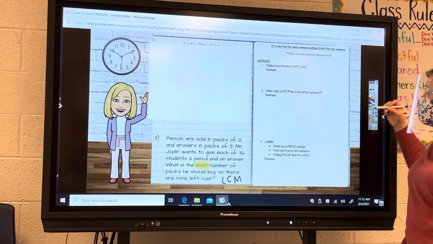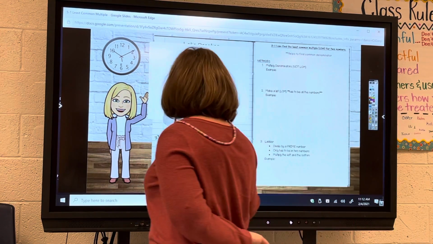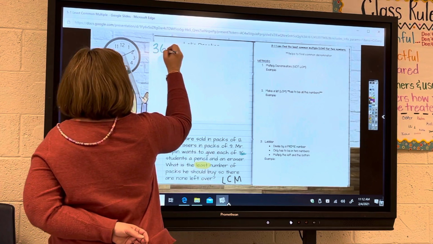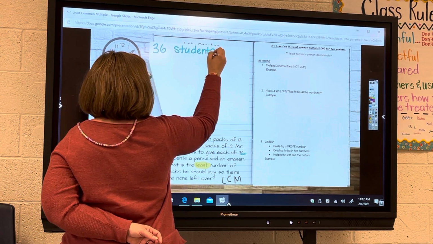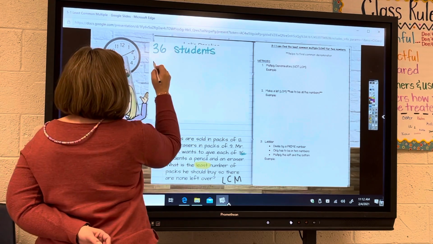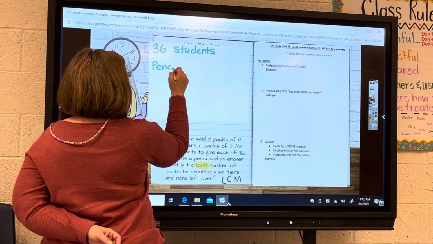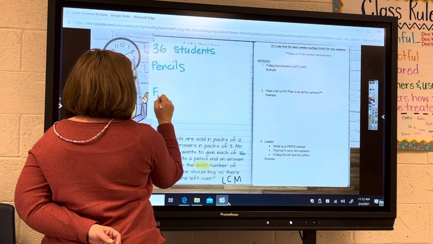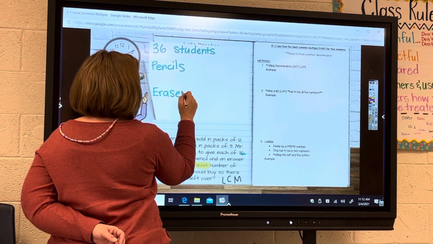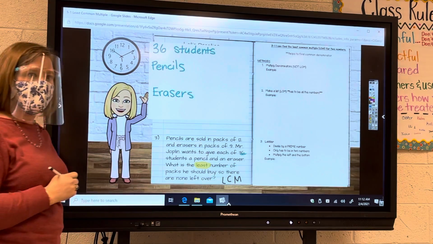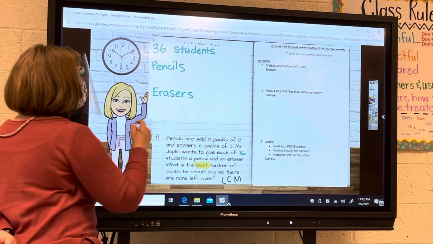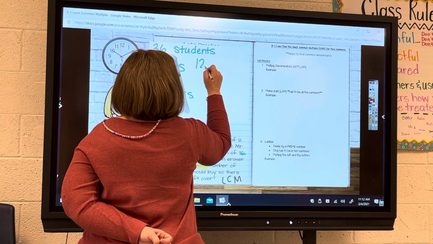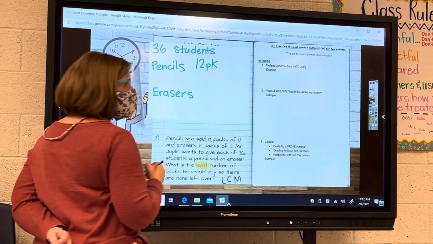Now, I can see that it tells me how many students does he have? 36 students. And he's buying what? Pencils and erasers. And I'm going to leave a little bit of space between those two because I'm going to write something, all right? Pencils come in packs of what? 12. I'm going to put 12 pack.